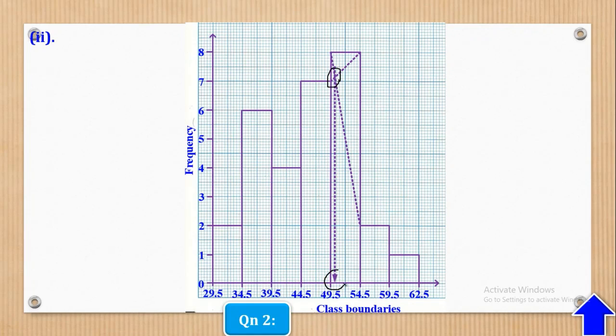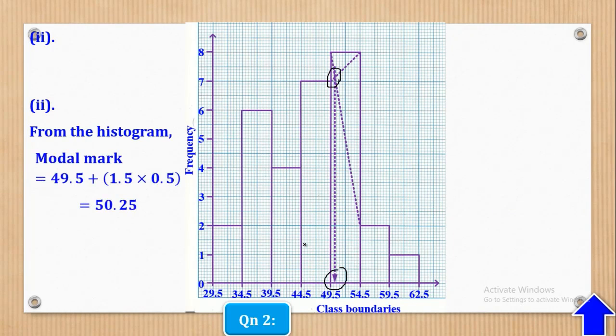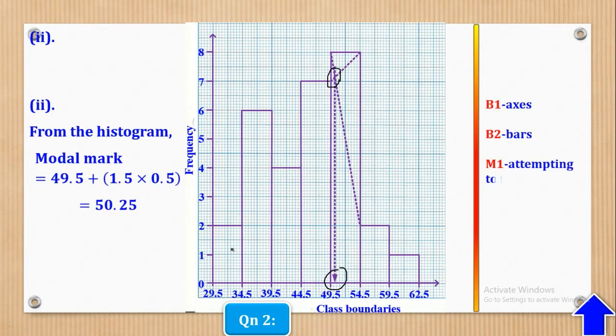Then when you read off that value, that will be your mode. So we say that from the histogram, the modal mark is given by 50.25. So that's what they wanted.